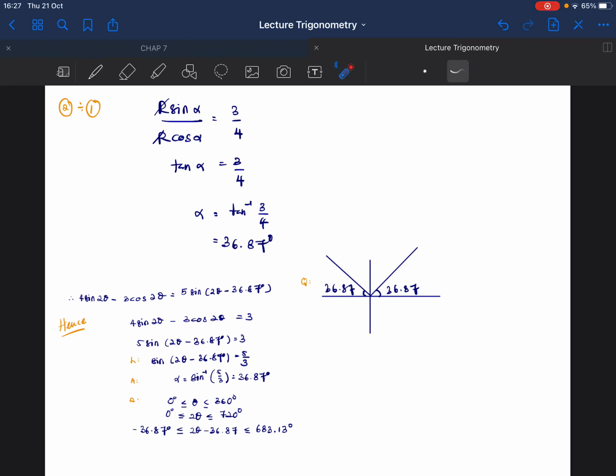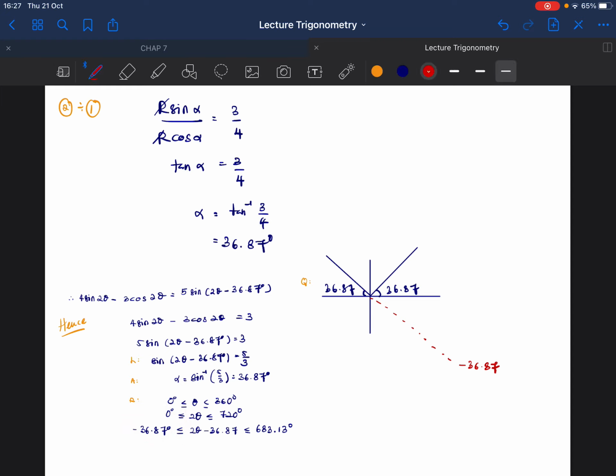So, ingat tengok range kita kat sini, refer range kita bermula daripada negatif 36.87. So, macam saya dah explain dalam lecture tadi, negatif mestilah bermula daripada bawah. Okay, angle dia mestilah bermula daripada bawah. That means, we have here lebih kurang lah dekat sini ialah negatif 36.87. Okay, so angle kita bermula daripada negatif and kita punya theta, dia ada 2 theta dekat situ.